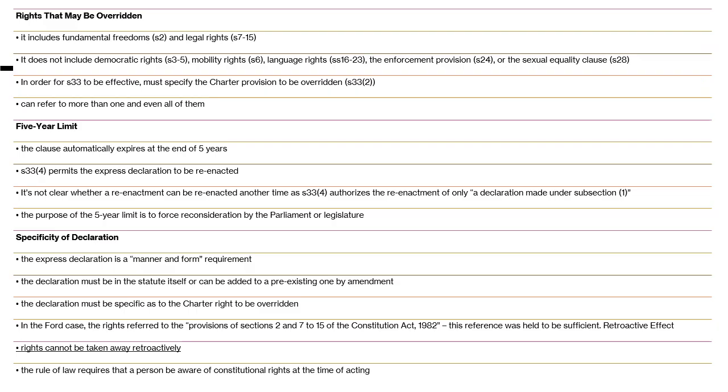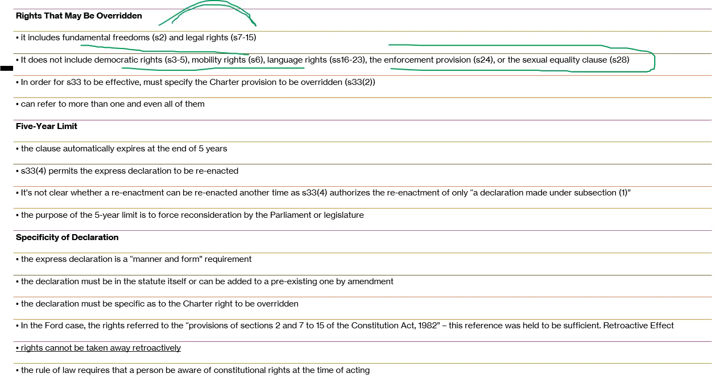So we know that the rights that could be overridden are only under section 2 and 7 to 15, so legal and fundamental freedoms. But in an examination, if you're given a case scenario in which one of these rights is mentioned and the question is related to the issue of override, then directly in the rules, firstly you have to mention that as per section 33, only these particular rights can be overridden.